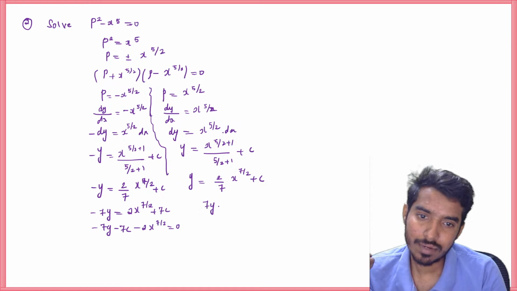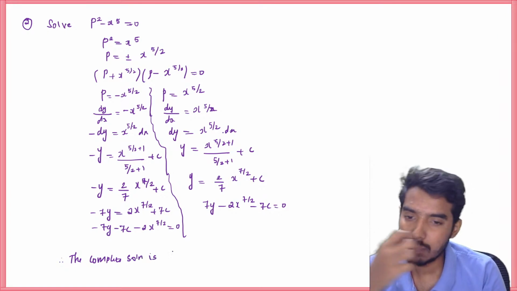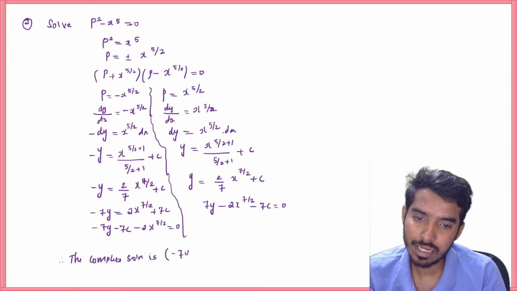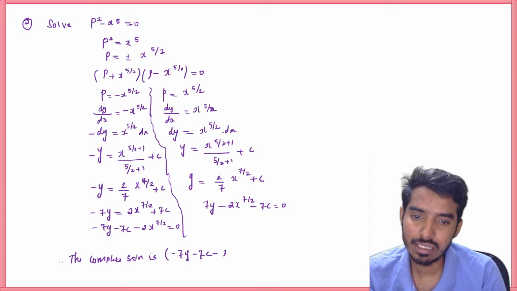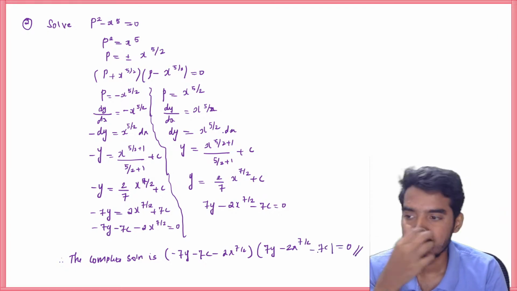And here we have 7y minus 2x power 7 by 2 minus 7c is equal to 0. These are solutions. Therefore, we will call this the complete solution. The complete solution is, you have to multiply these, right?